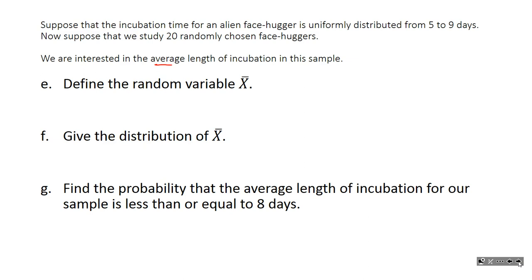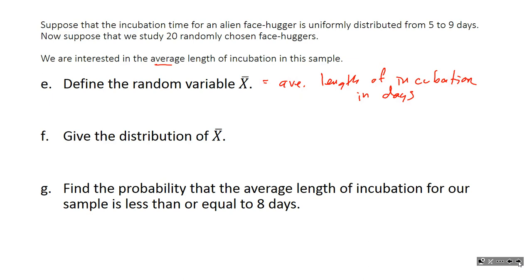The random variable x bar would be the average length of the incubation in days. Look, there are other ways you could write this in English. I could have just said the average incubation time or something like that in days.